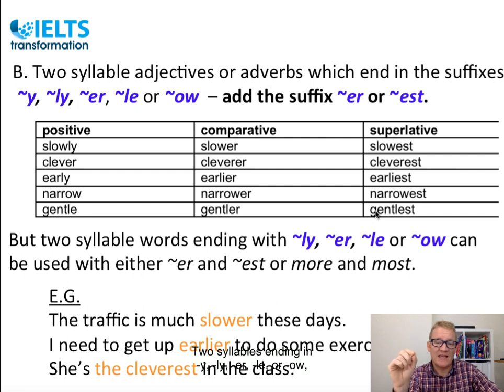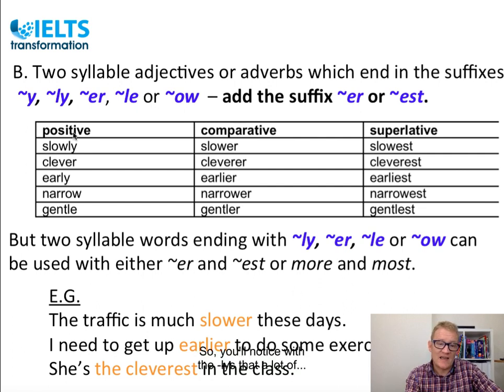2 syllables ending in Y, LY, ER, LE or OW, we do the same, ER or EST. Slowly, slower, slowest. Clever, cleverer, cleverest. Early, earlier, earliest. Narrow, narrower, narrowest. Gentle, gentler, gentlest.